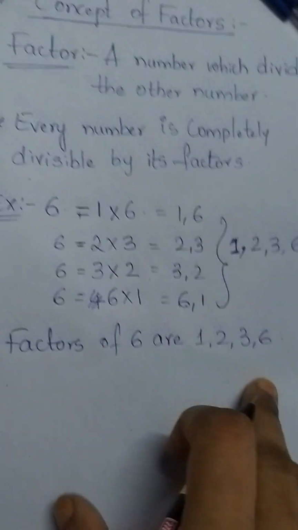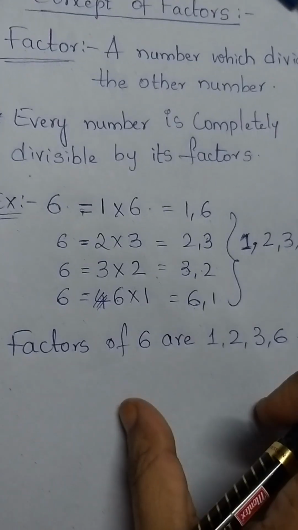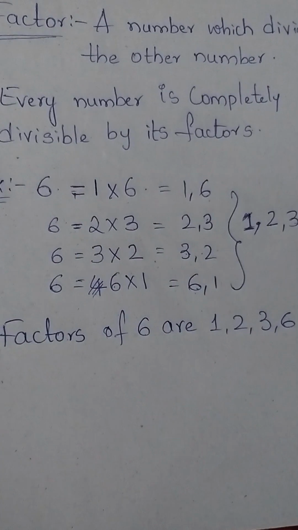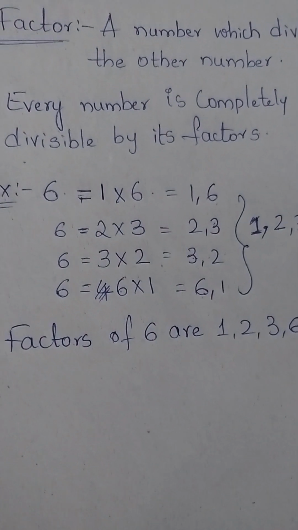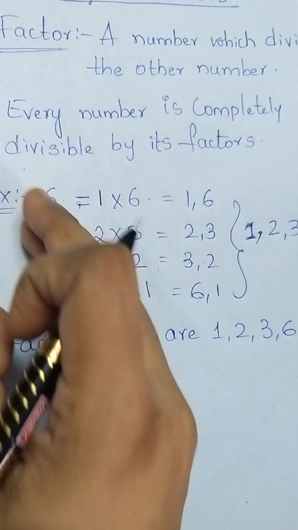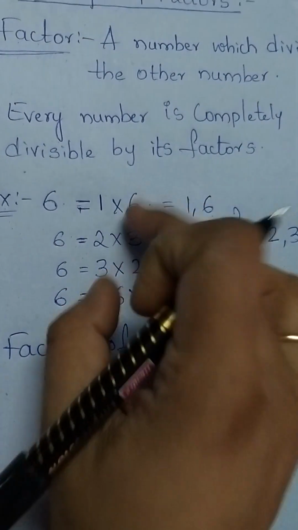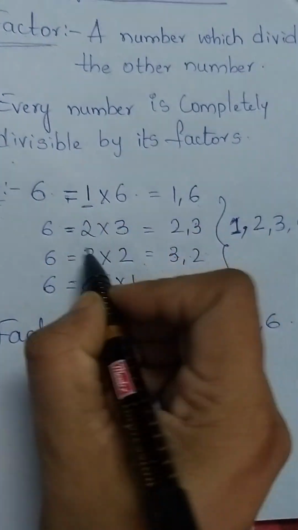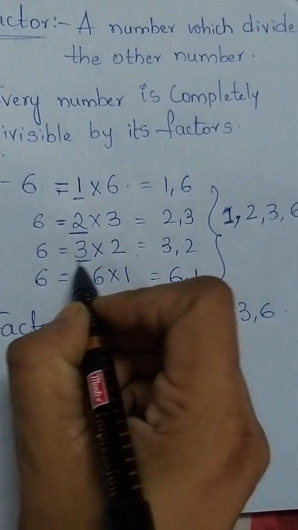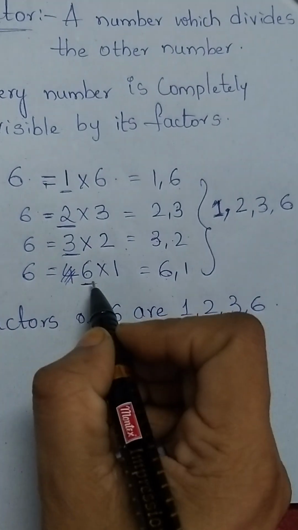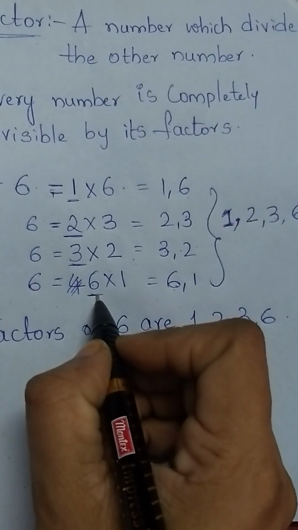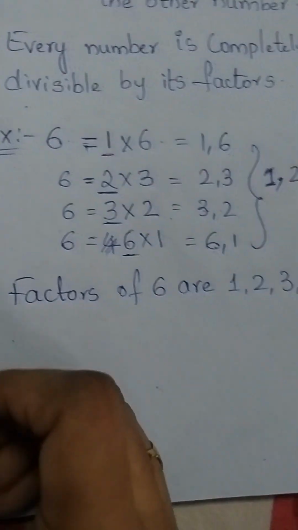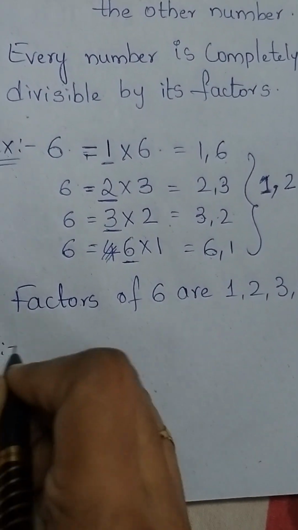These are the factors. Understood, children? How do we find factors? A number which divides another number is called a factor. Here 1 divides 6, 2 divides 6, 3 divides 6, and 6 itself is a factor. Like this we have to find the factors of a given number.